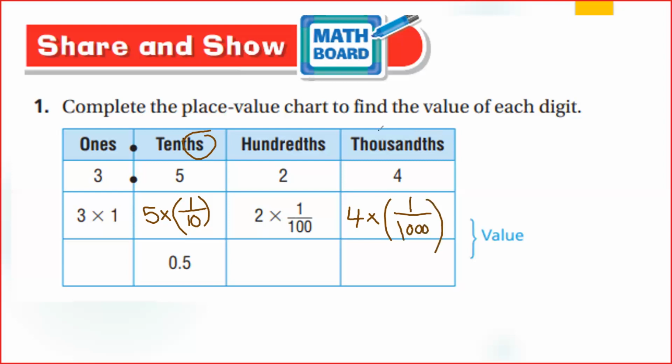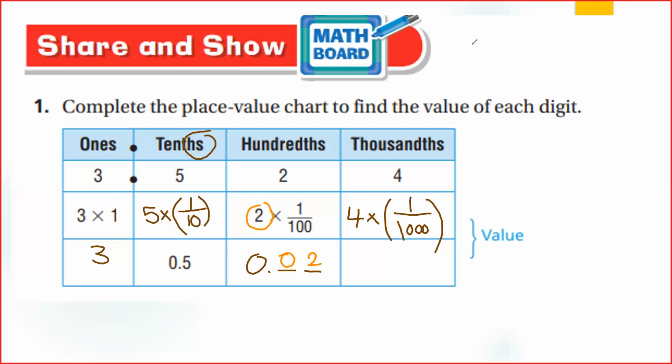The next, 3 times 1 is 3. Here we can say it's 0.5. Now 2 times 1/100. How can I write it? Hunada. How many zeros for the 100? 2. Then you have to write 2 from the right, then 1 0. Bravo, thank you. Now 4 times 1 over 1000.